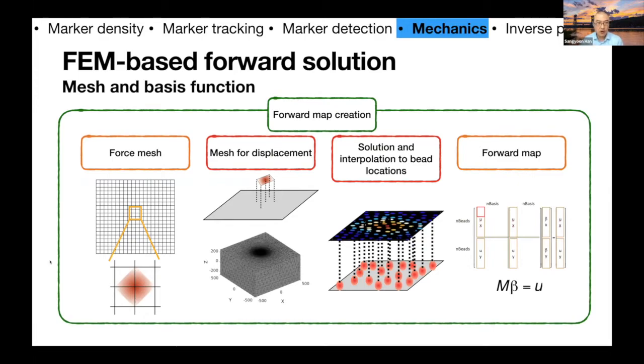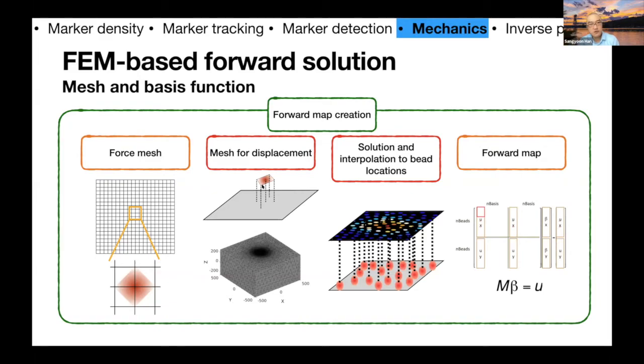So 4 steps are involved. The force mesh. We first create the force mesh. We use regular grid points, and at each grid point we have this pyramidal shape of basis function, and then we place this basis function on top of our spatial domain to solve the displacement field.